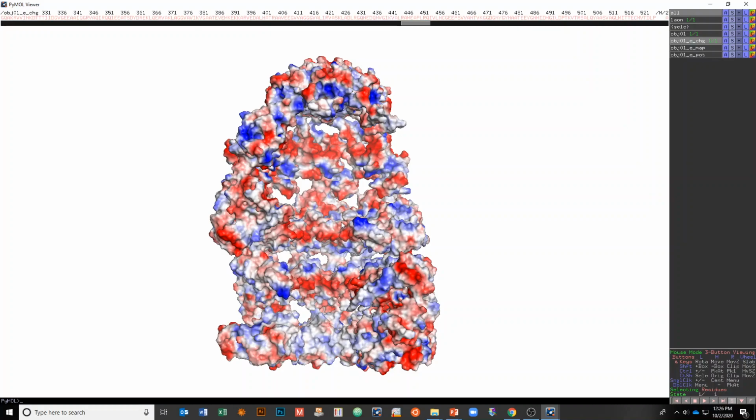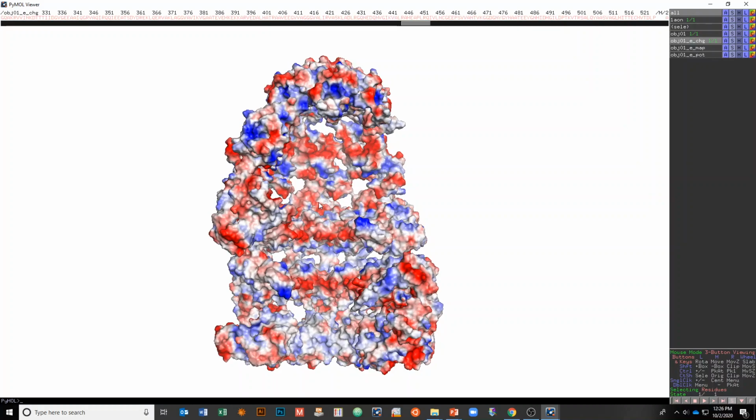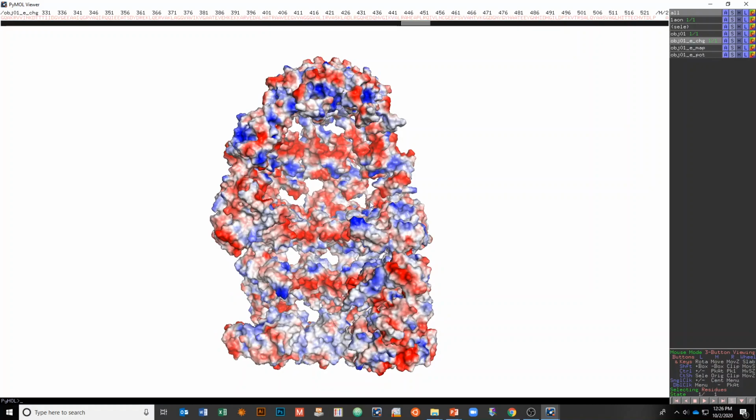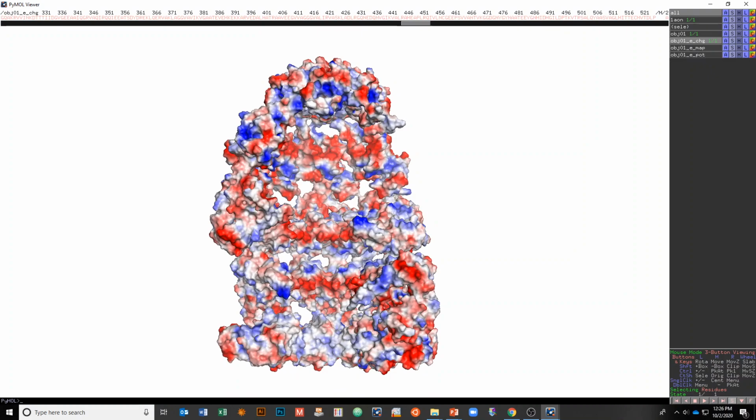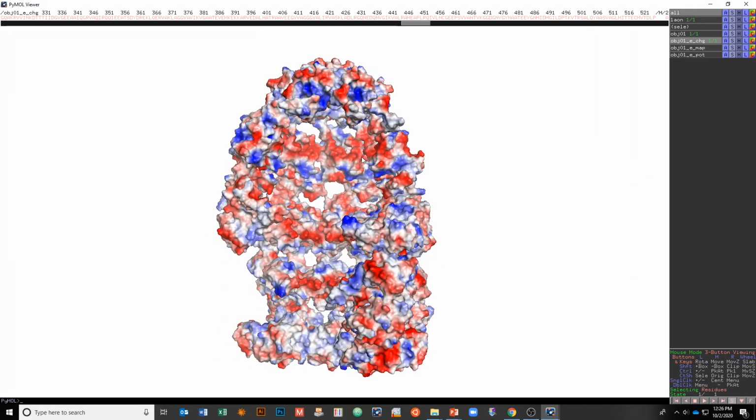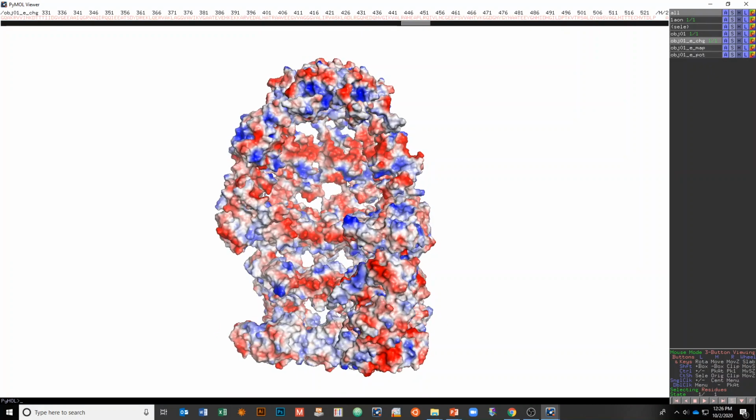Okay, so blue is equal to positive charge, red is equal to negative charge here. So what I want to point you to is the interior charge distribution of the cis ring. So I want you to take note. You see a lot of blue and a lot of red, right? So there's a lot of hydrophilic surface in here.